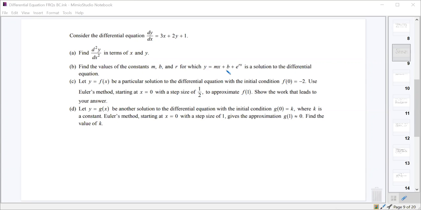I know that y has to equal mx plus b plus e to the rx. So I'd write this, let me get a different color here actually. It's hard for me to see the green. I'd rewrite dy/dx as 3x plus 2 times (mx plus b plus e to the rx) plus 1.